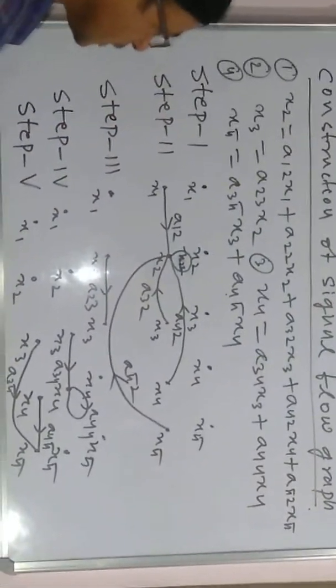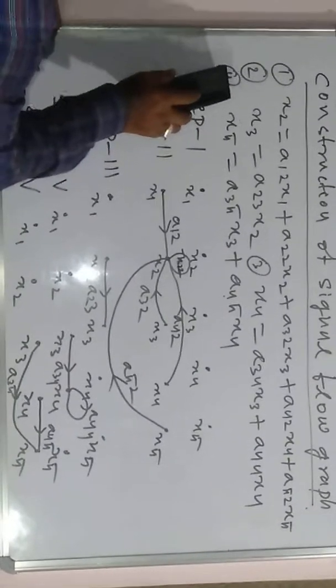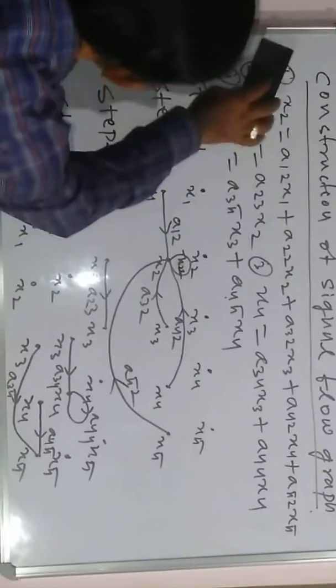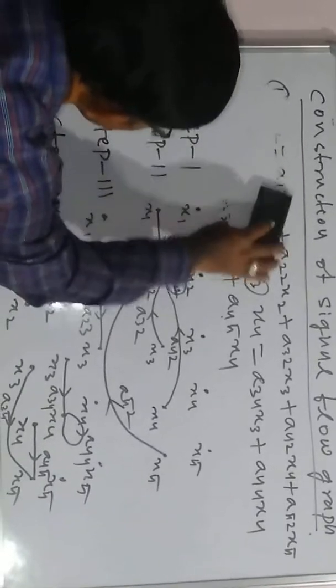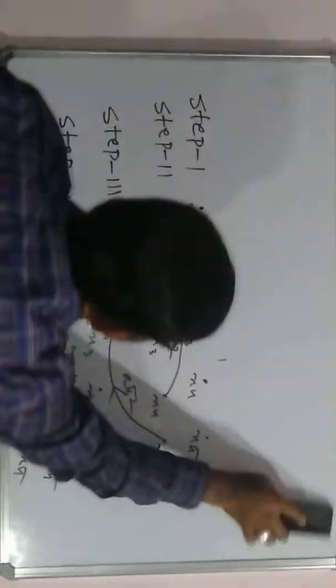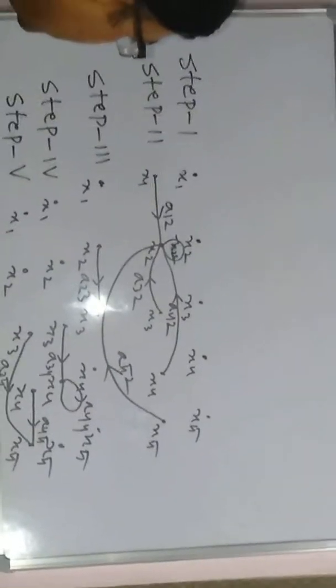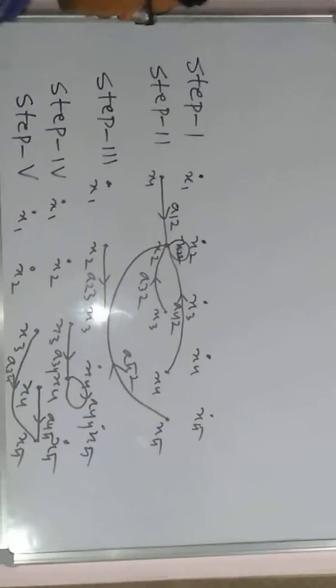Now to find the total signal flow graph, that is a single flow graph, we can find it for all these algebraic equations. So let us connect all the individual signal flow graphs, or draw a single flow graph combining all these flow graphs.